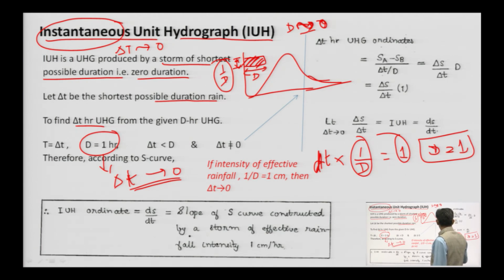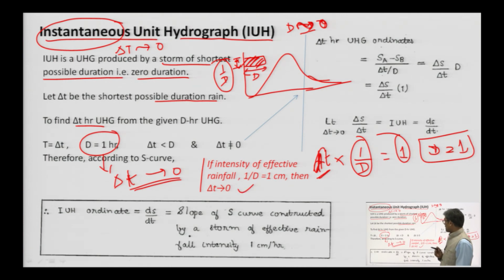So if the intensity of effective rainfall 1/d is equal to 1 centimeter, then T is equal to 0.